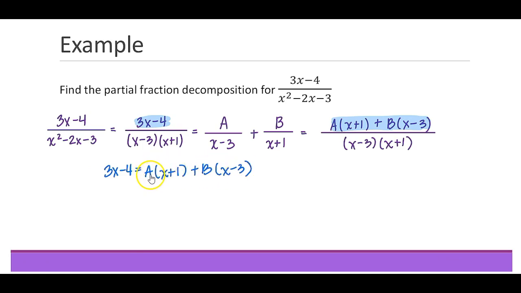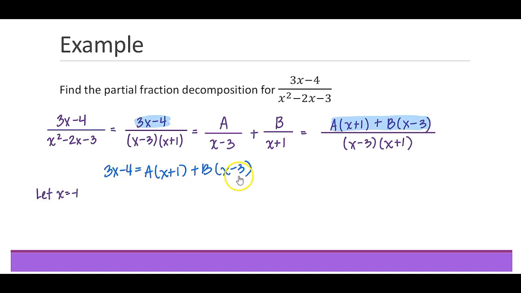So focusing in on a times the quantity x plus 1, if I conveniently choose x to be -1, -1 plus 1 will be 0, and that will eliminate my a term. So I'm going to start by letting x equal -1.